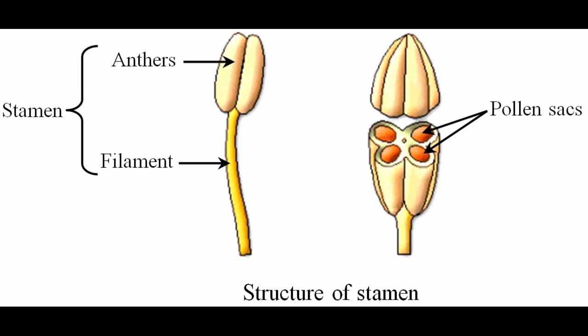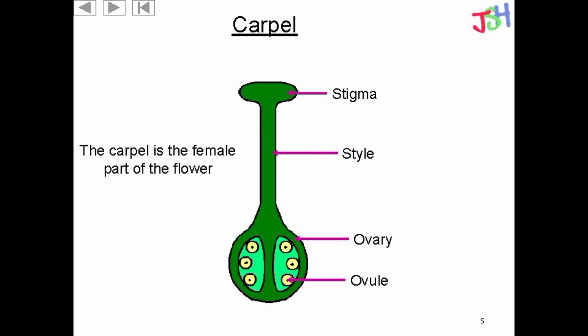Now let's study the gynoecium, that is the female reproductive part of the flower. Gynoecium is also known as pistil. It is formed of one or more carpels. These carpels lie in the center of the flower as a flask-shaped structure. It is made up of three parts. One is the stigma, the upper terminal of the carpel that receives the pollen grain or male gamete.